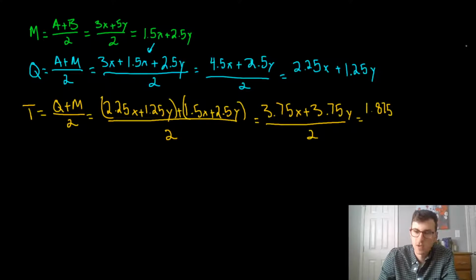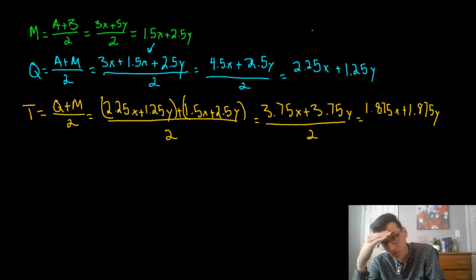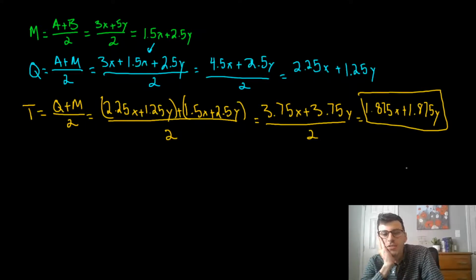Hopefully that's better. 1.875x plus 1.875y. Let me double check that real quick. 1.875. Great. Okay, so that worked out. So then that's your final answer. That's the coordinates of T.